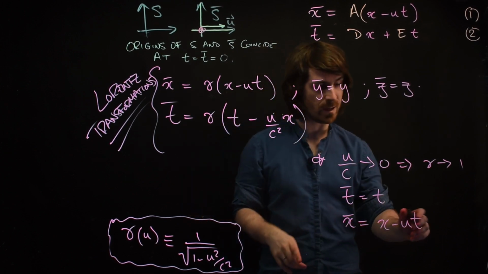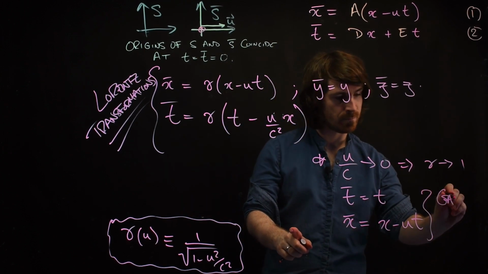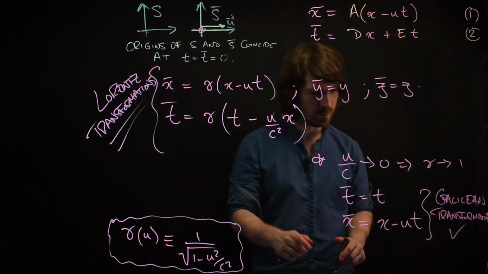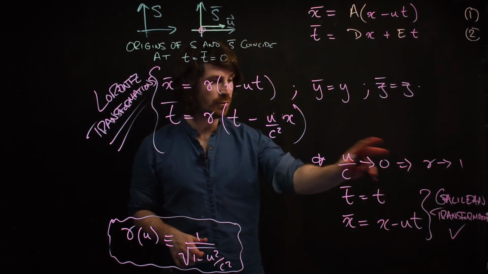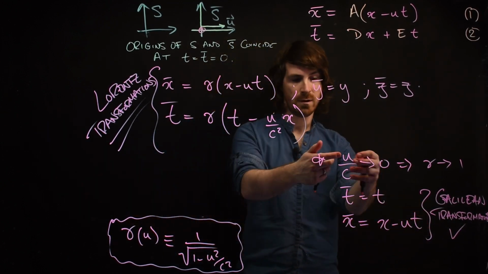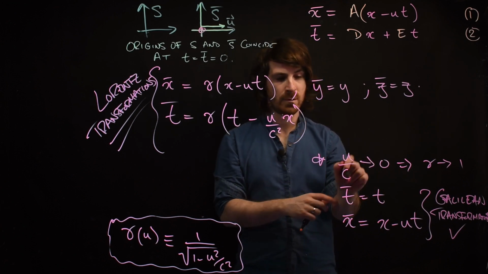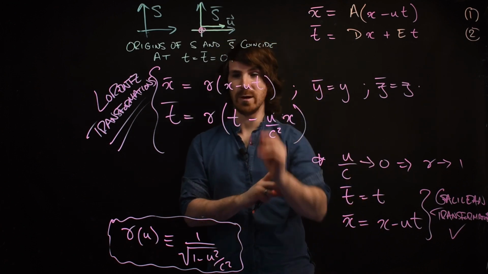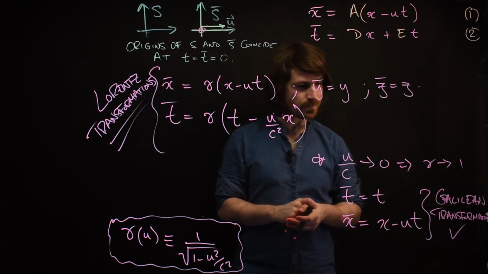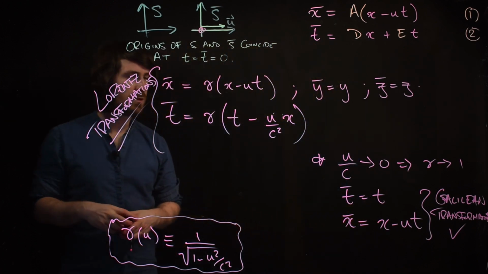And this is the old Galilean transformations. So the old world of Galileo and Newton is recovered if we consider small velocities at which the two frames depart. Okay, this is all good.